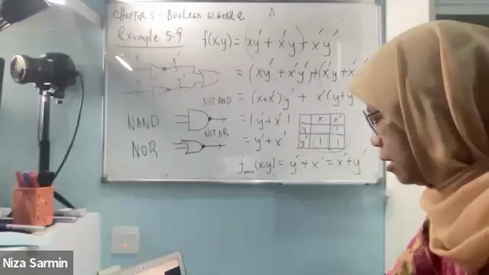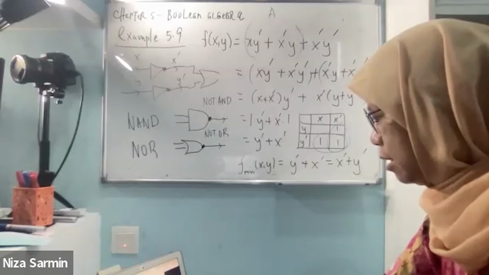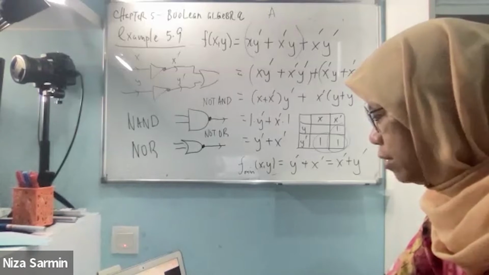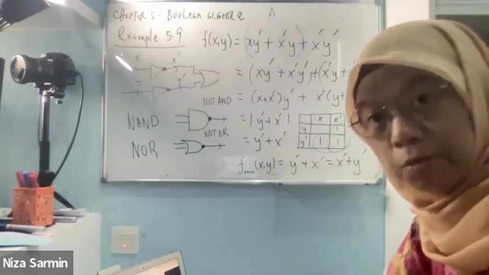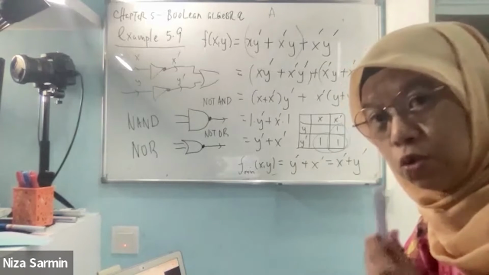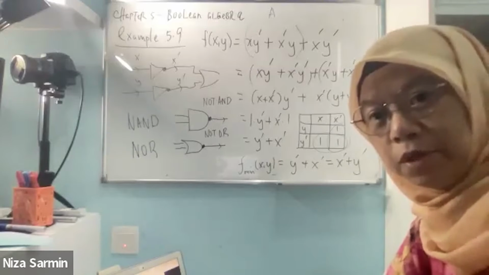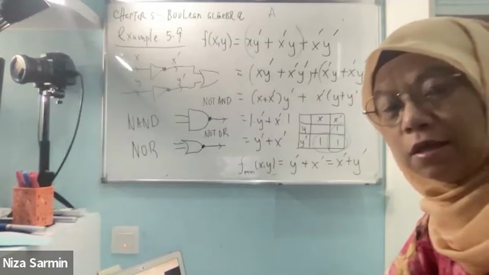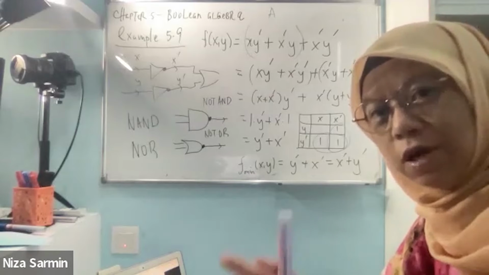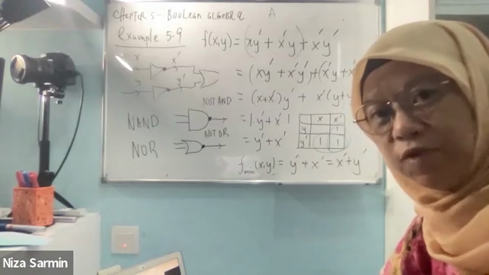Okay, there are a number of more examples in the notes that you have to go through one by one. And to understand that is by doing it. Okay, look at the question, solve it.